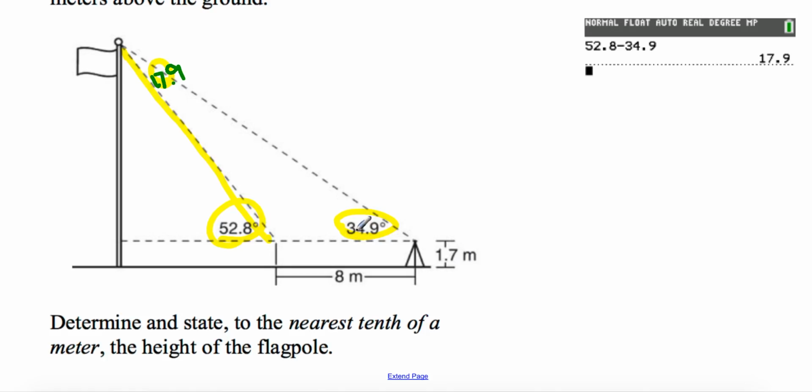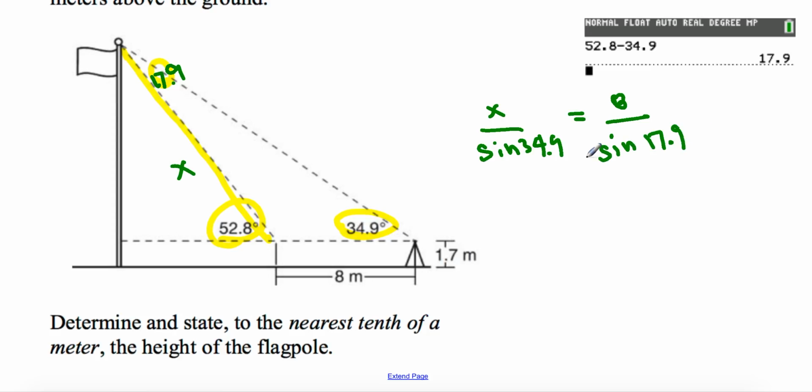Then now we can use the law of sines to figure out the yellow side. I'm going to call that x. Then we get x over sine of 34.9, which must be equal to 8 over sine of 17.9. To get x by itself, I'm just going to multiply each side by sine of 34.9.